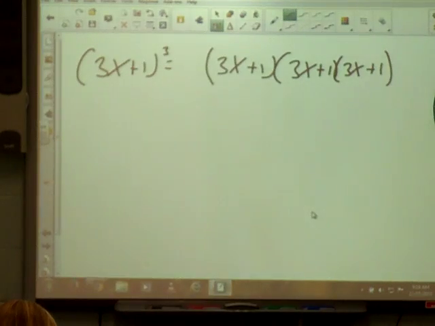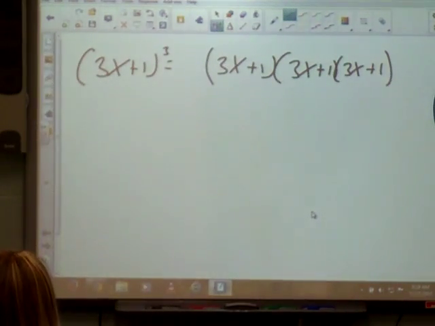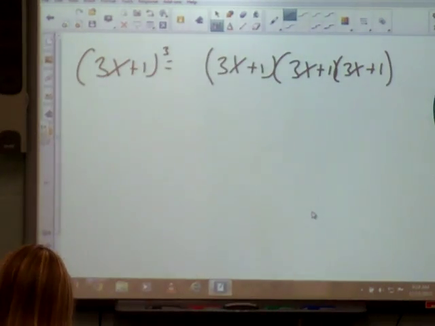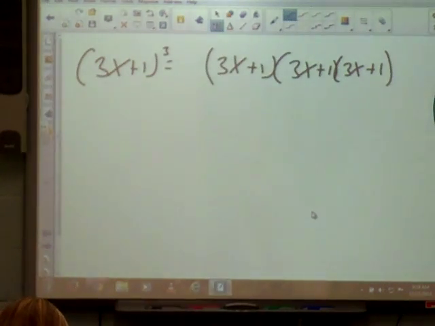Someone in one of the classes yesterday asked, this does go along with the lesson we did on Pascal's triangle. You could go to the third row of Pascal's triangle and do it that way. Since it's just third power, I think it's just as fast to go ahead and multiply them. So I'm going to do that. Is that all right? Okay, good. Because I don't remember Pascal's triangle off the top of my head.